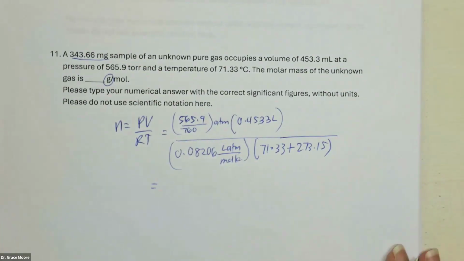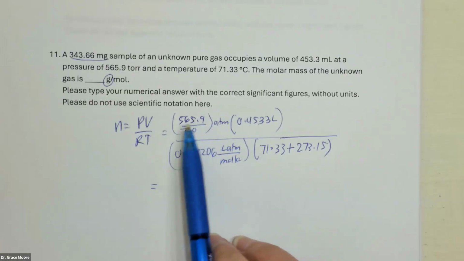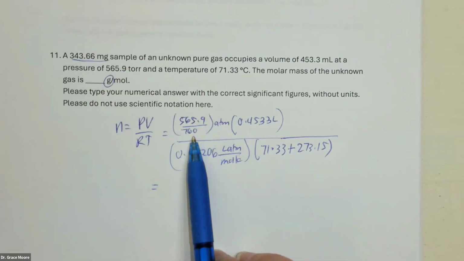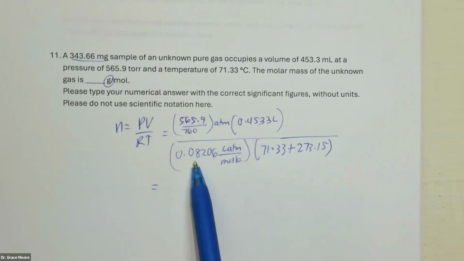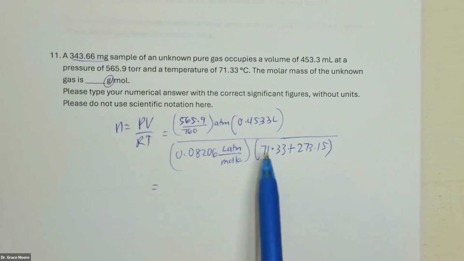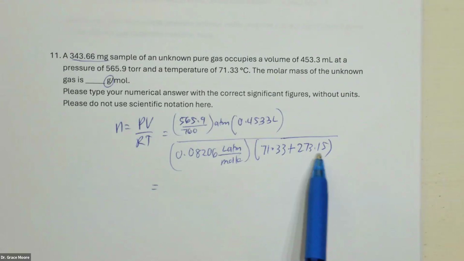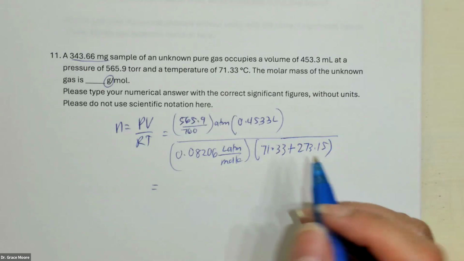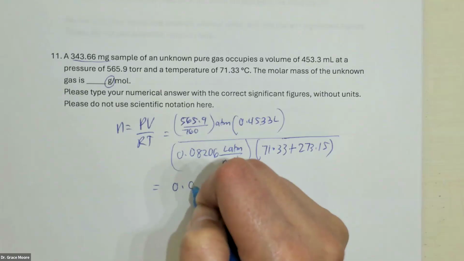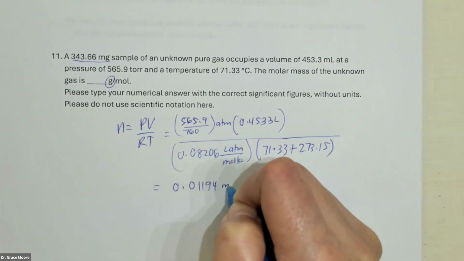Now put this in your calculator. You would do 565.9 divided by 760 times 0.4533 divided by 0.08206 and then divided by the total of 71.33 plus 273.15, and you end up getting 0.01194 moles.